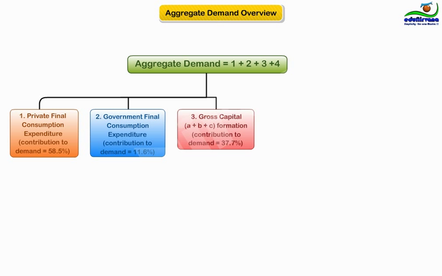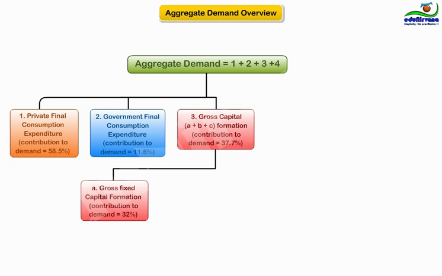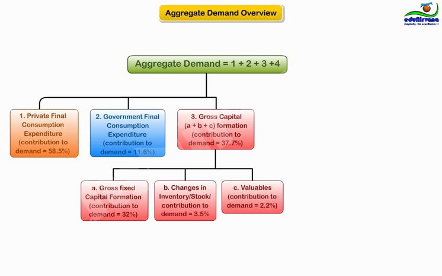They are: A. Gross fixed capital formation. Contribution to demand is 32%. B. Change in inventory or stocks. Contribution to demand is 3.5%. C. Valuables. Contribution to demand is 2.2%. Net exports.